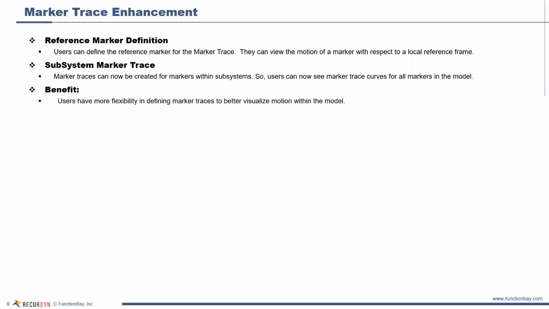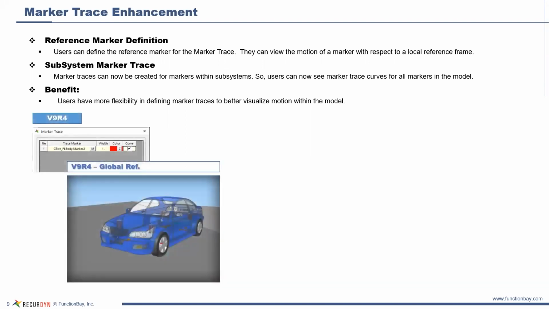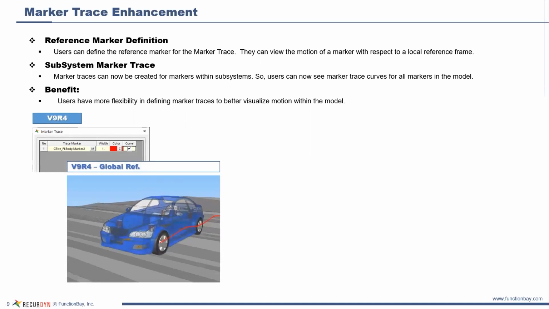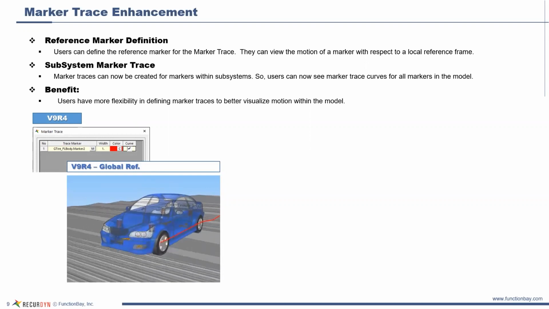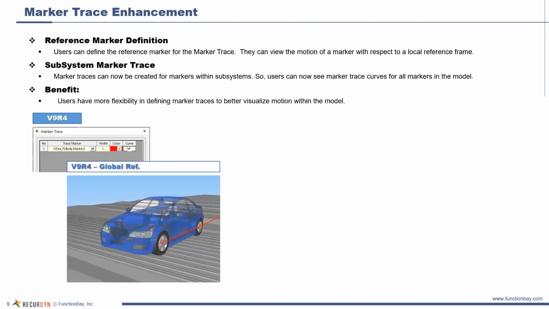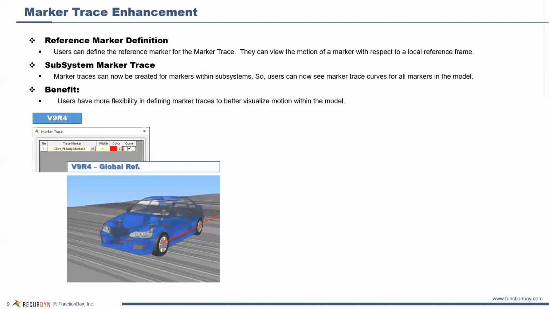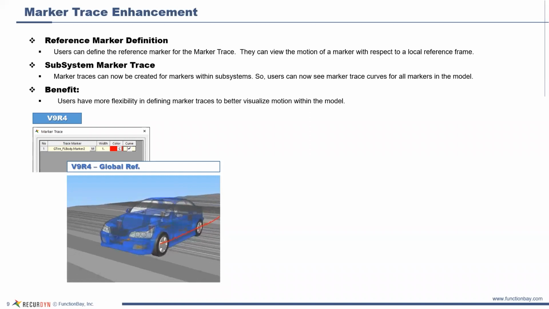The enhancement here is that before, here's an example where we can see the path that the marker takes. However, it's with respect to the global reference frame. So because this marker is attached to one of the suspension components, we just basically see the long path that it takes across the terrain.